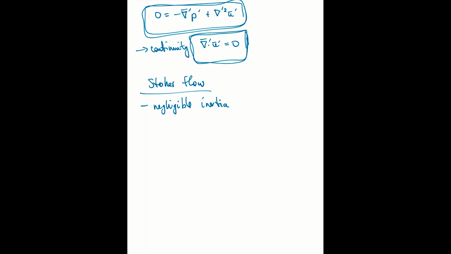Very small Reynolds number. In Stokes flow, we have reversibility. It's easier for us to solve, so we actually can get exact solutions. We're going to look at that in an upcoming lecture. And we use this for microfluidics. So it's possible to get solutions for our velocity field when we use Stokes flow, coupled with the right geometry.